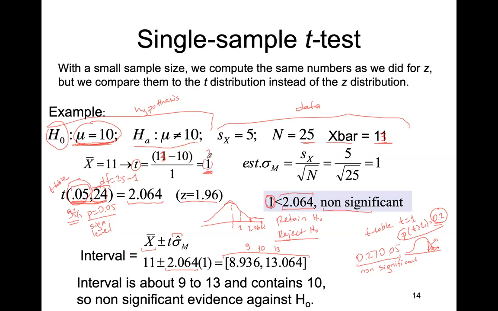Find this one, go to the t table, find the value and compare it with 0.05. Or find one and compare the t table value from this 0.05 and 24 degrees of freedom. And if this is less than that, then I say there is no significant evidence against the null hypothesis.